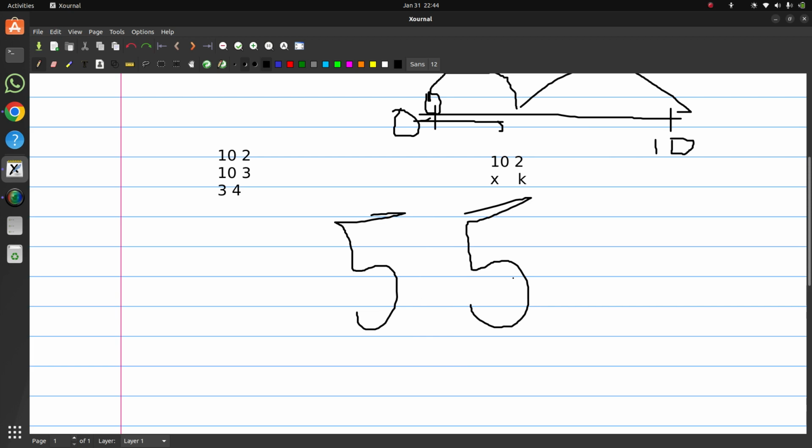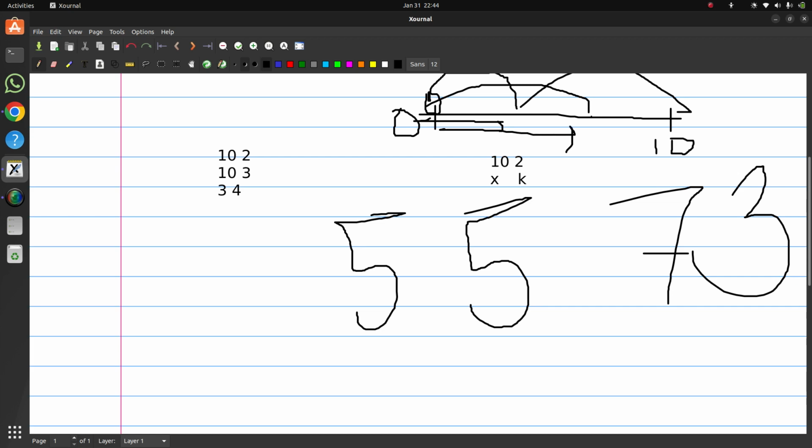What could be another solution for this example? It could be 7 and 3, as they have mentioned. If the grasshopper takes a jump of distance 7 first, and after that a jump of 3, it is also a valid answer, because 7 is not divisible by 2 and 3 is also not divisible by 2.